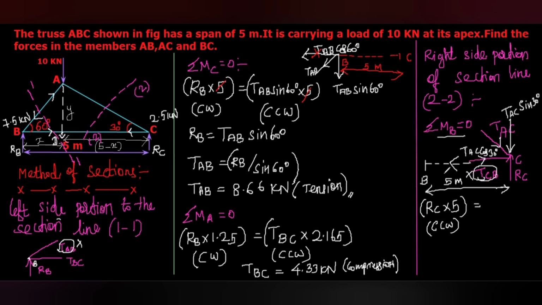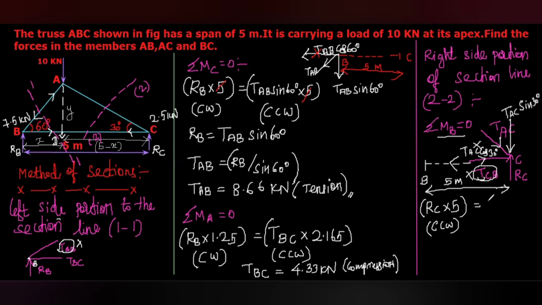But with respect to the B, the TAC cos 30 line also passes through the B. So the moment made by the TAC cos 30 will be eliminated. So only TAC sine 30 multiplied with this distance 5 meter from the reference point B.